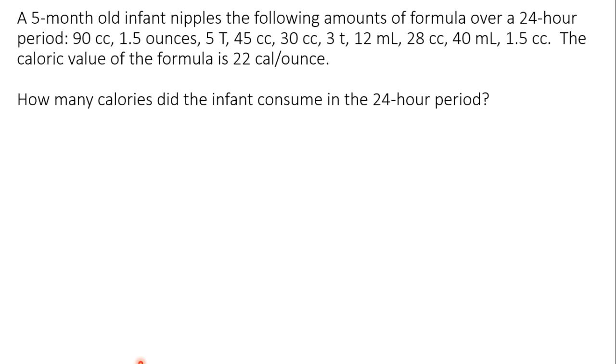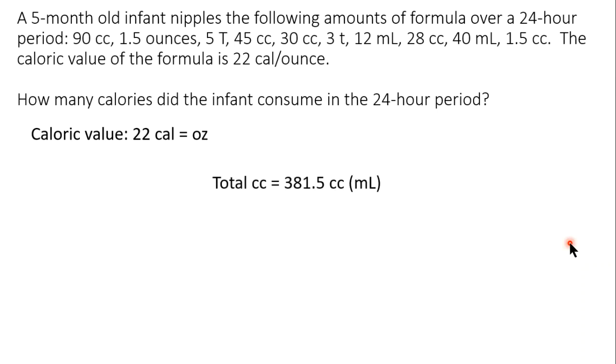Awesome. Let's go through this problem. So now that we have the total value of cc's, then we look at the caloric value of the formula, and we want to know how many calories per day the infant consumed. So we put calories on top, 22 calories over ounce. Then we use a conversion ratio between ounces and milliliters.